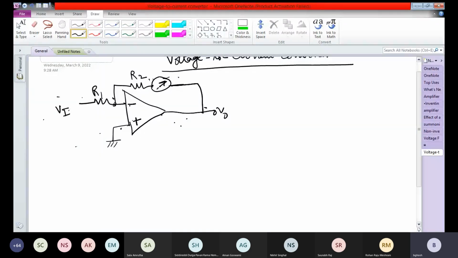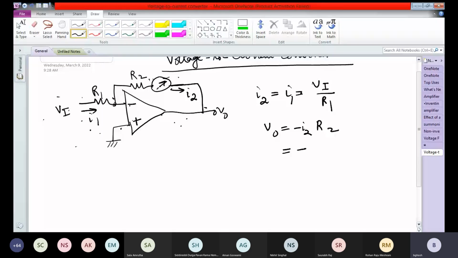So here we have, if this is I1 and this is I2, we have I2 equal to I1 equal to Vi by R1. And therefore V0, we know that V0 is equal to minus I2 R2. So V0 is given by minus I2 R2. That is equal to minus Vi by R1 into R2.